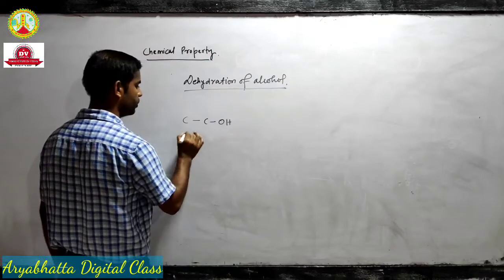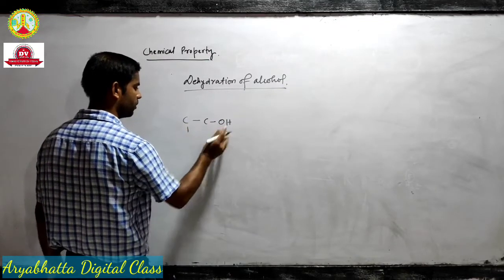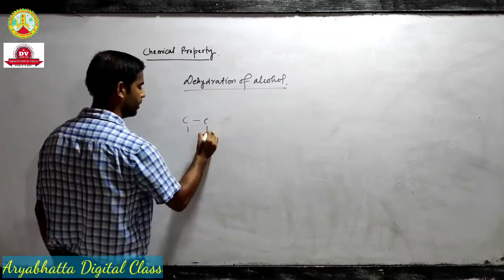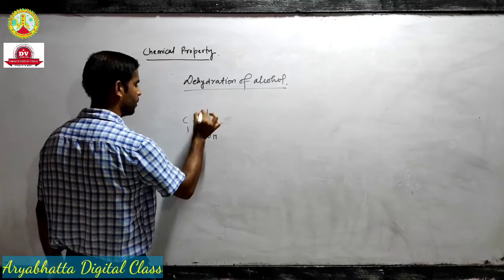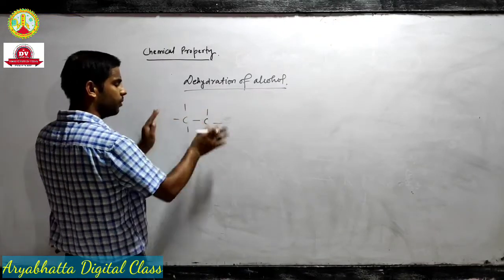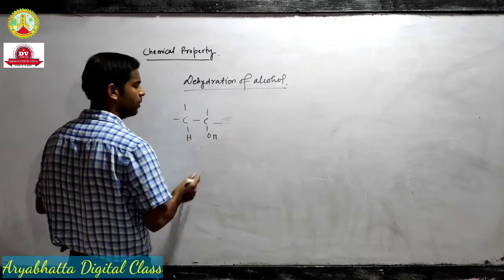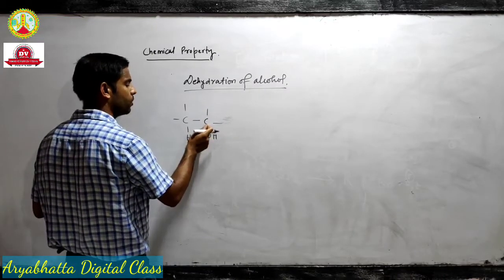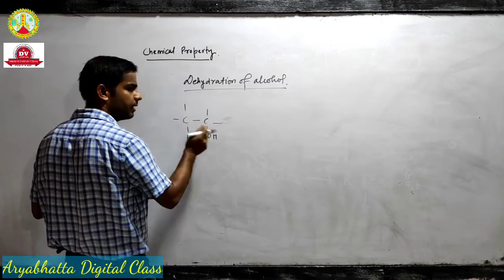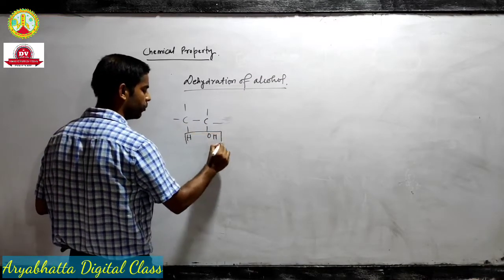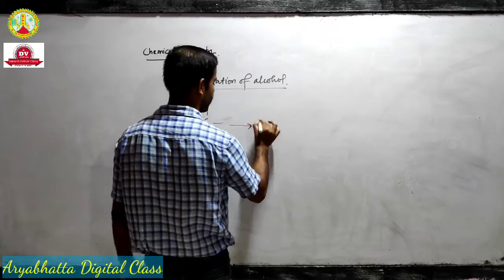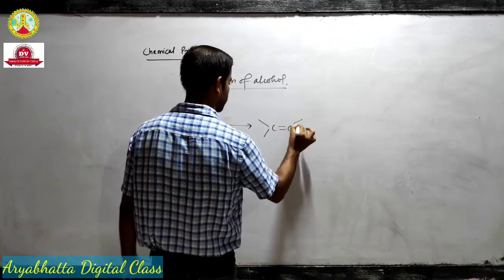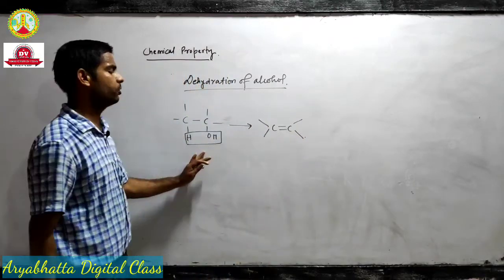So we have OH, let me write it here. I'm not concerned about the other bonds. If this is a carbon, then from the adjacent carbon, that means the beta carbon, a hydrogen will be removed and we will get an alkene. Okay, this hydrogen will be removed.